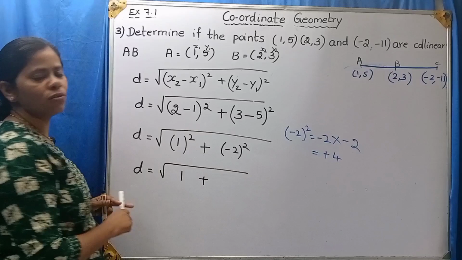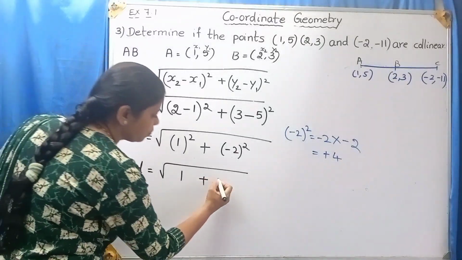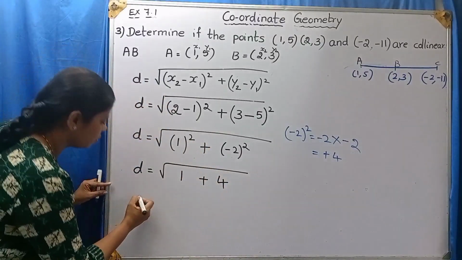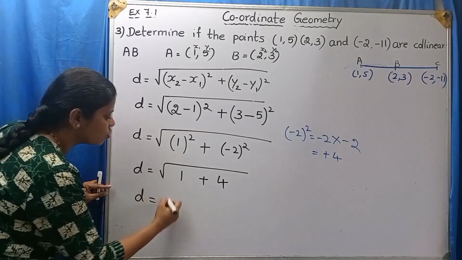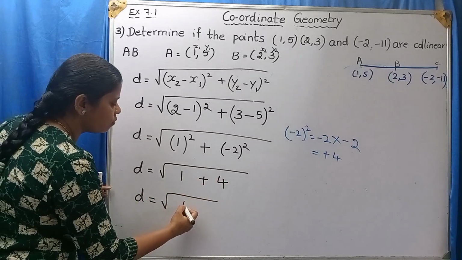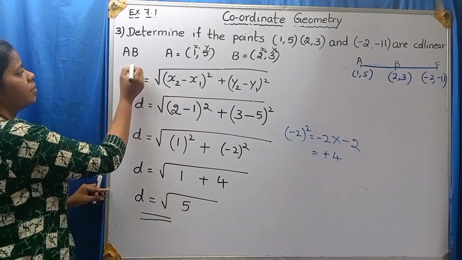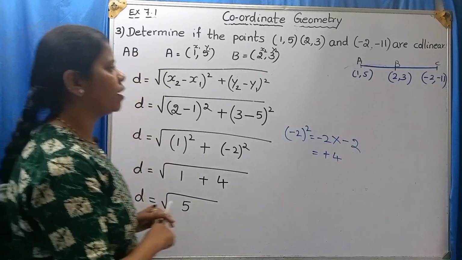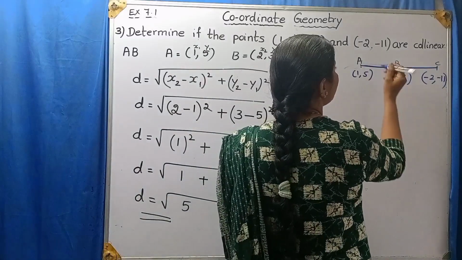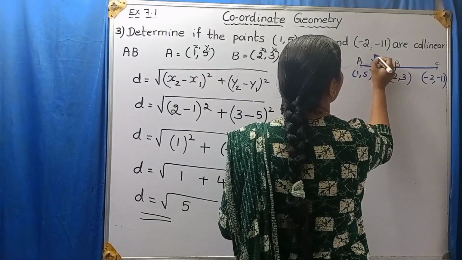Therefore, minus 2 the whole square is plus 4. That is D is equal to square root of 1 plus 4, which is 5. The distance between AB is root 5.